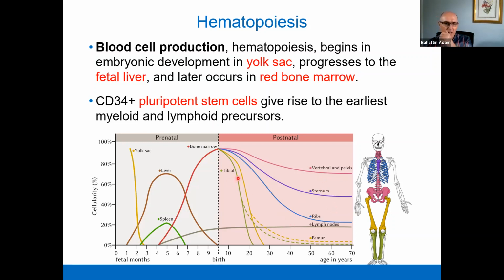At the beginning of life, almost all the bones are producing blood cells.